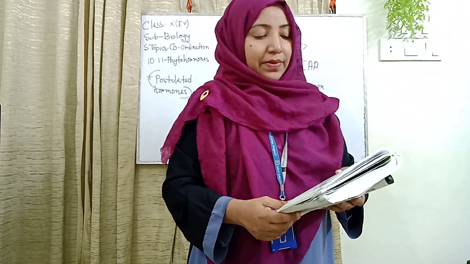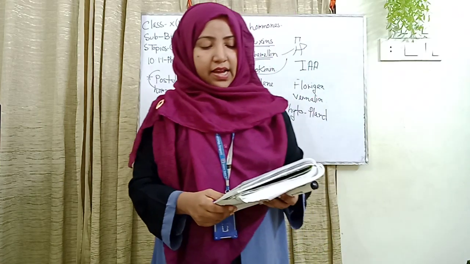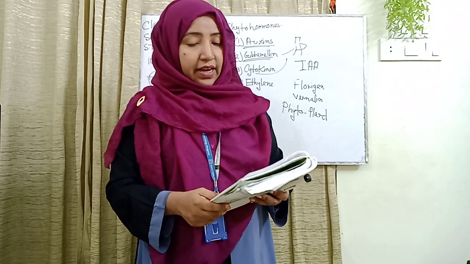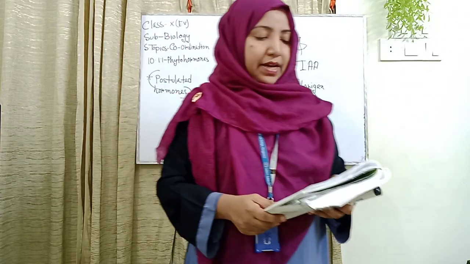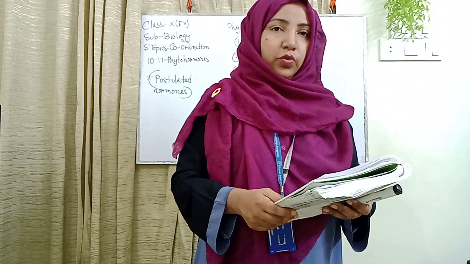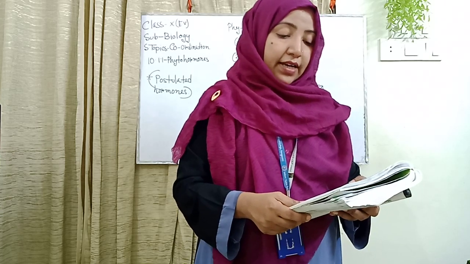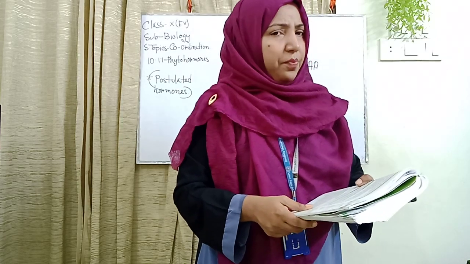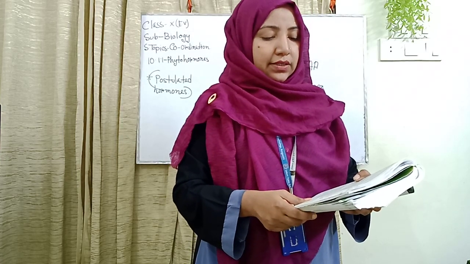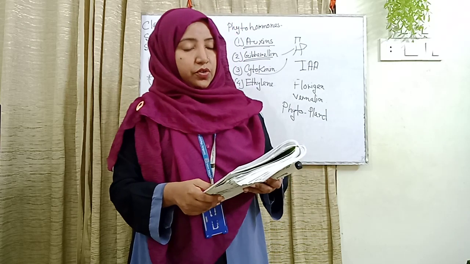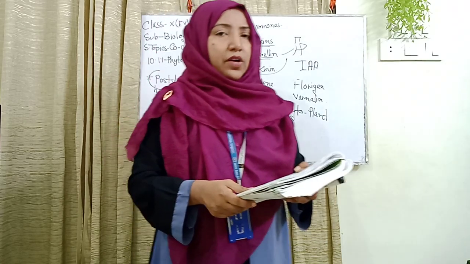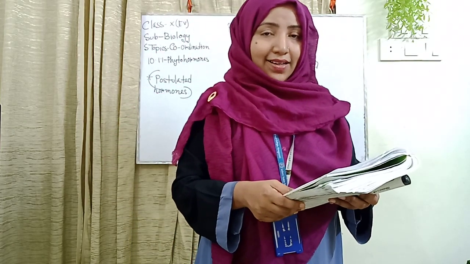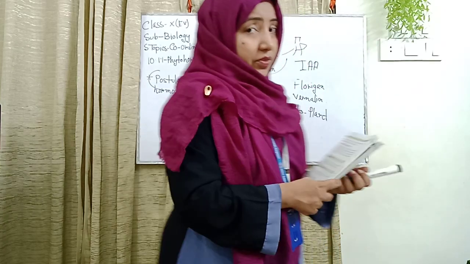Photoperiodic movement is a kind of movement of cultivator. The stem and branches of a plant always move towards light and the root always moves away from light. The movement of the stems towards light is called positive phototropism, and the movement of root away from the light is called negative phototropism.